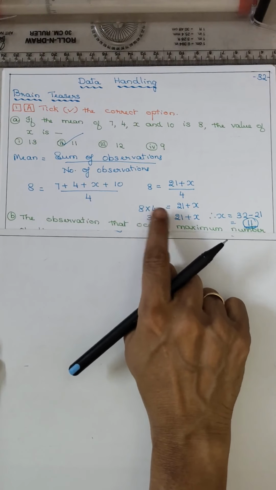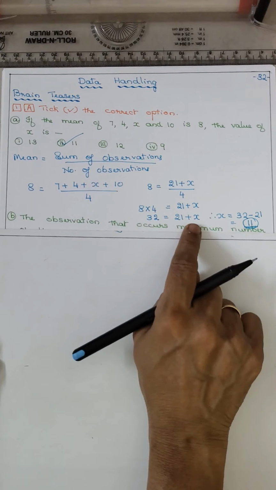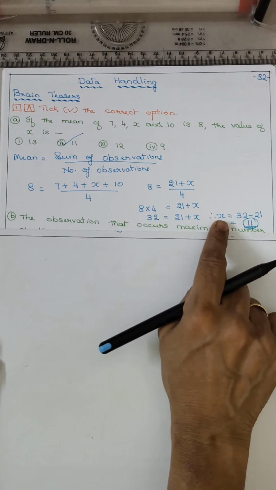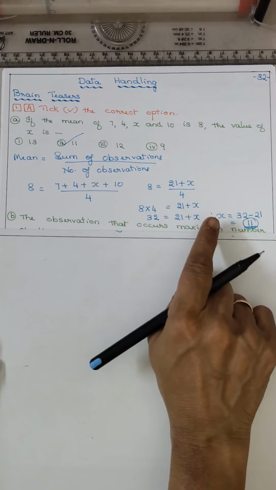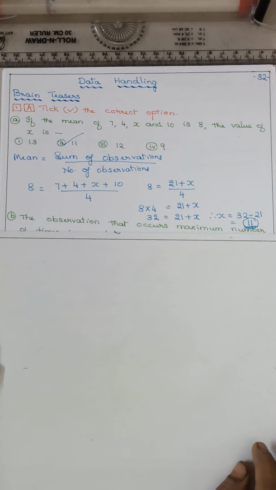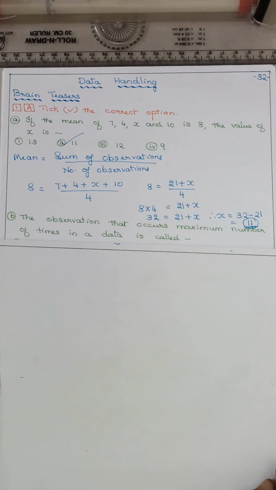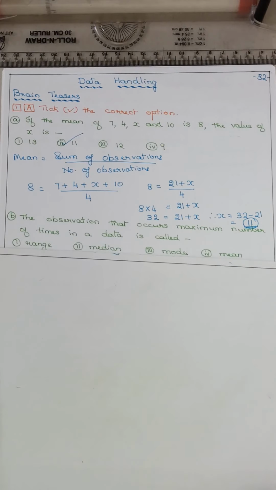So multiply, 8 fours are 32 is equal to 21 plus x. Therefore x is equal to 32 minus 21. When you take 21 to the other side, it will be minus. Plus becomes minus, minus becomes plus, multiplication becomes divide, and divide becomes multiplication.